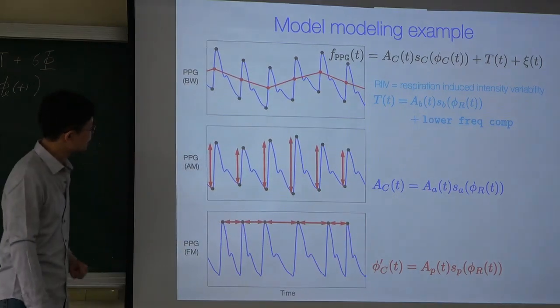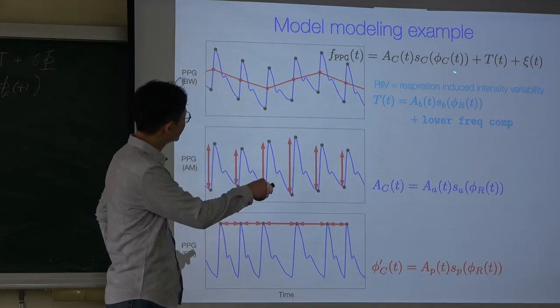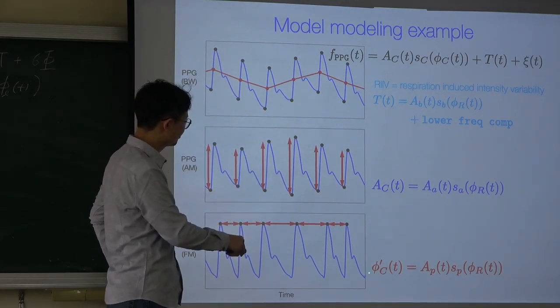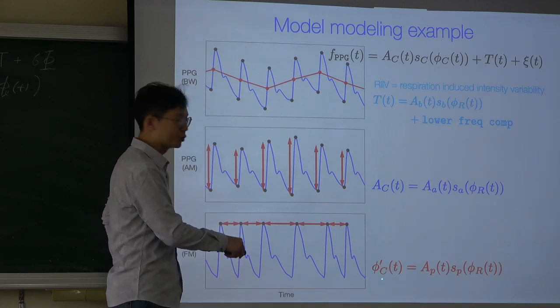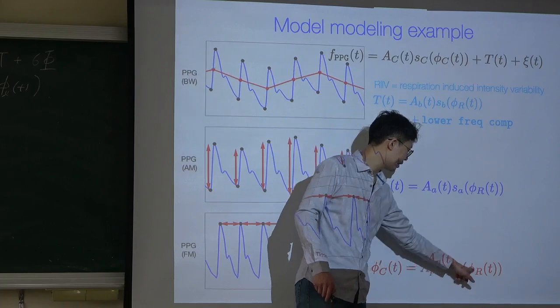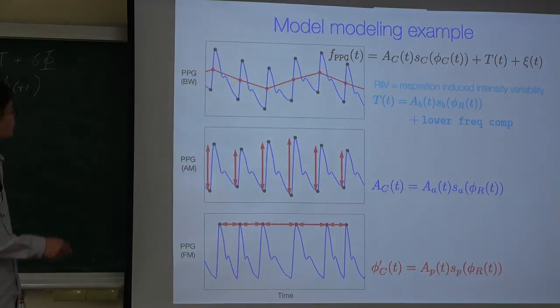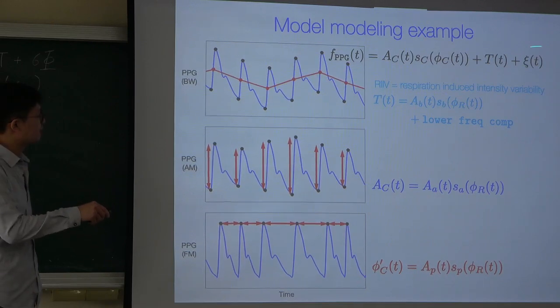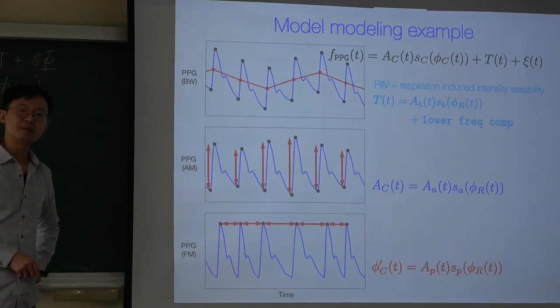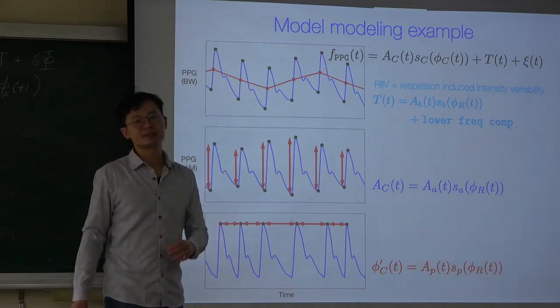And simultaneously, you can also encode the respiratory signal in the frequency component, phi prime of C, which can be written as AP, P stands for phase, SP, and VR. So this is a more complicated model for the PPG signal, which actually doesn't always exist.